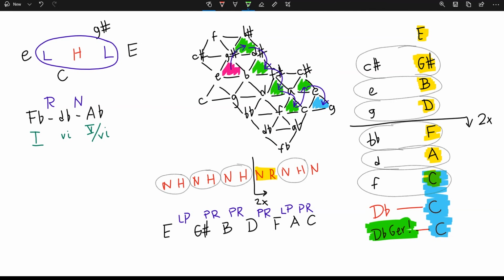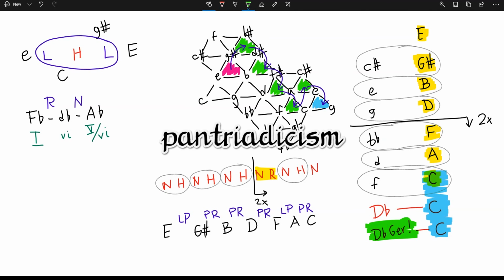The harmony of the whole passage is very interesting and very convoluted, and there's a reference to a lot of things, but the vocabulary itself is very simple. This is called Pantriadicism. Rather than being built on dissonance and resolution, at some point tonal music starts being built on just going from triad to triad.